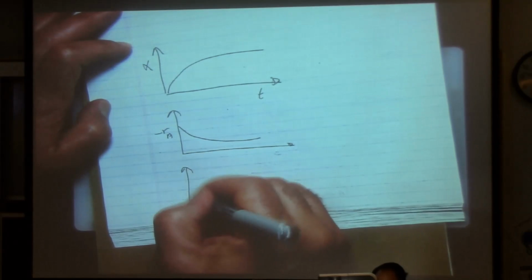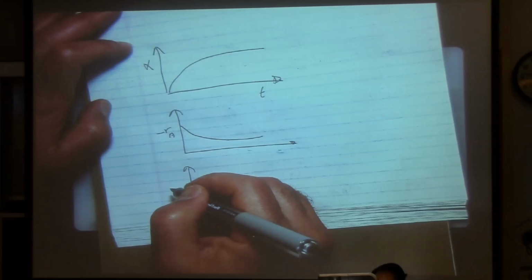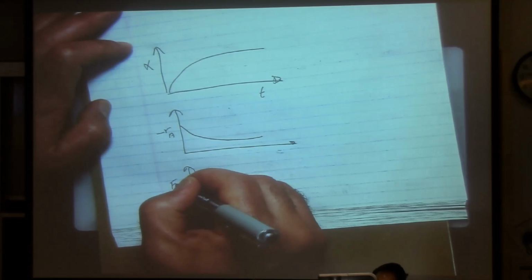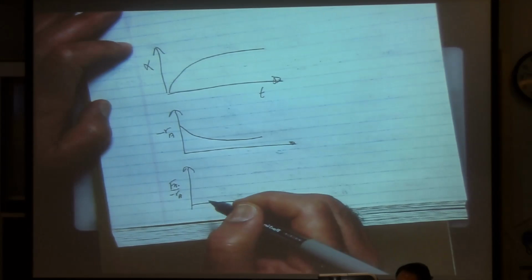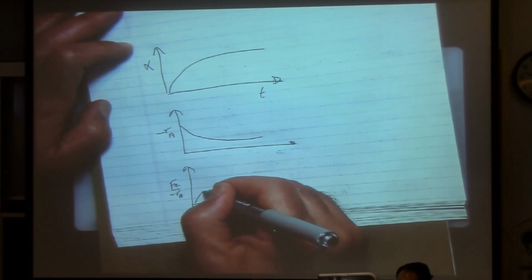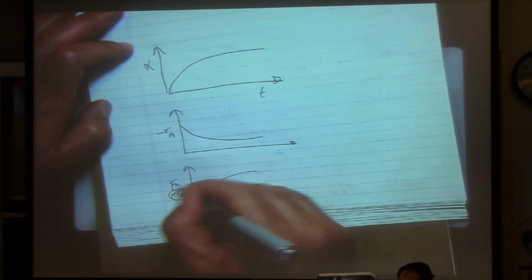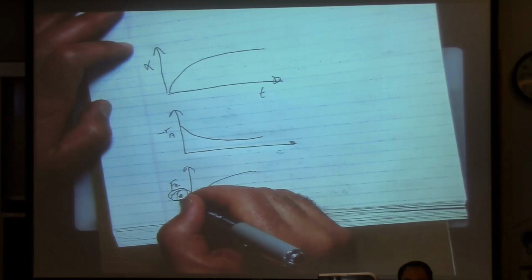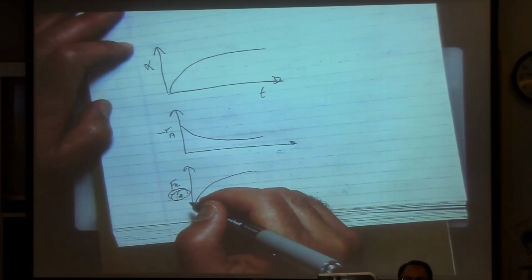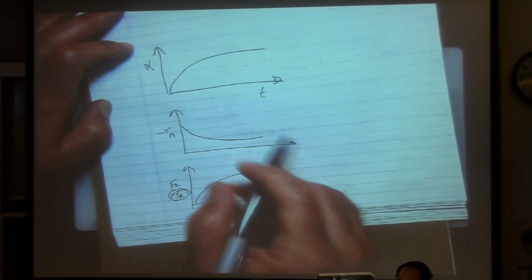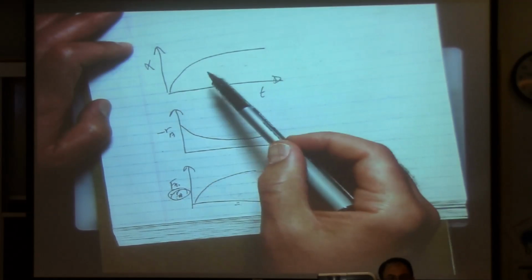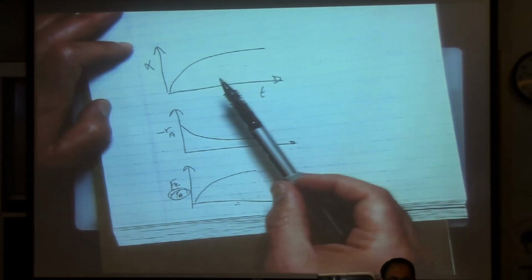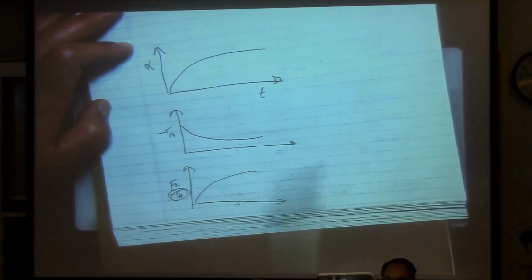When we were plotting FA0 over minus RA for the Levenspiel plots, it was the other way around, because minus RA is in the denominator. This is a typical one. For this case it follows the same trend, though it might be a different graph, obviously. But in the batch reactor, that's what is happening.